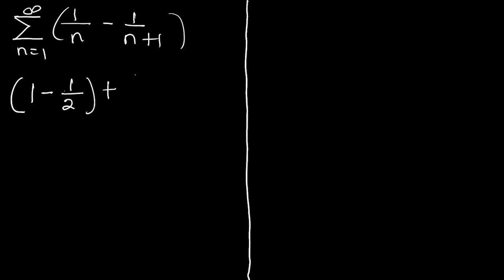Plus, when n is equal to 2, we are going to have half here minus 1 over 2 plus 1, which is 3. So in that order. So you are going to see a pattern.